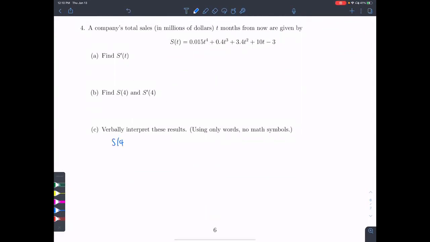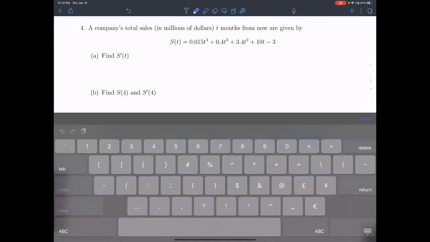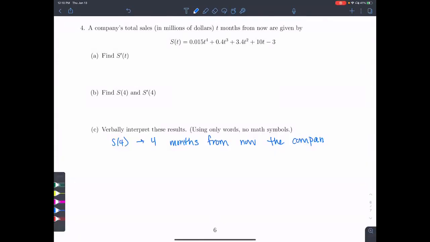So S of 4 is telling you that 4 months from now, the company's total sales are whatever number you get.